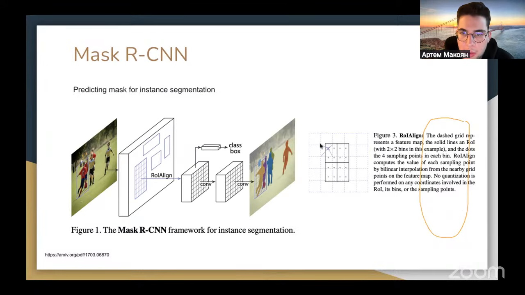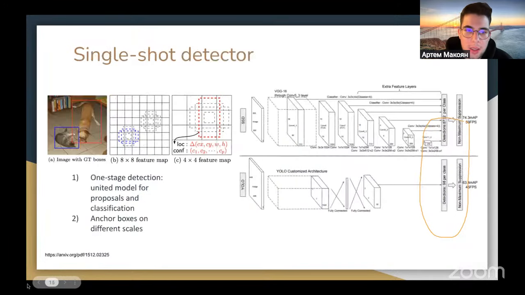Take 4 corners of a square in the feature map, compute distances and compute a weighted sum, weighted by these distances. I understand that this is not very obvious, but I want you to understand the ideas. We don't have enough time to go into details, but I have links in the slides. You can always go to the paper and read about it. Sorry, we have much material.